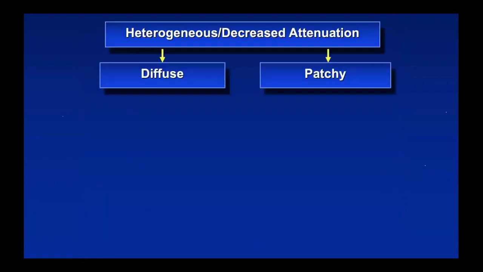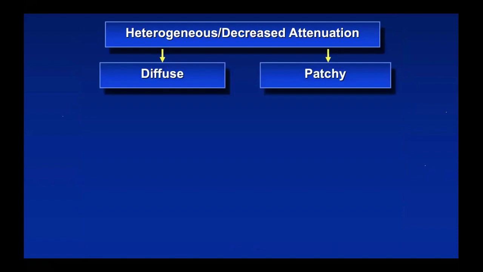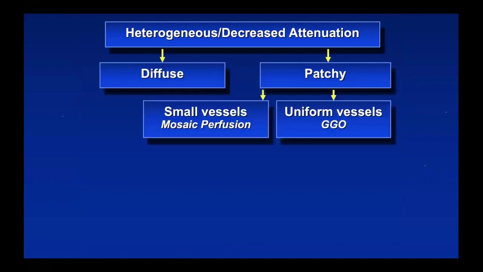Okay, so now let's talk about heterogeneous or decreased lung attenuation. So primarily, we're talking about heterogeneity that's patchy. So if the vessels are small in the dark areas and there are fewer vessels, that's mosaic perfusion or mosaic attenuation.